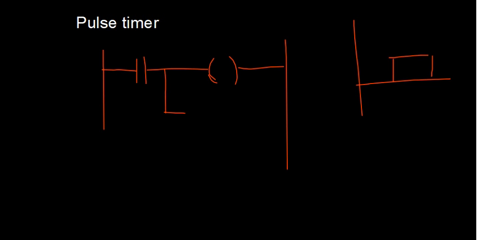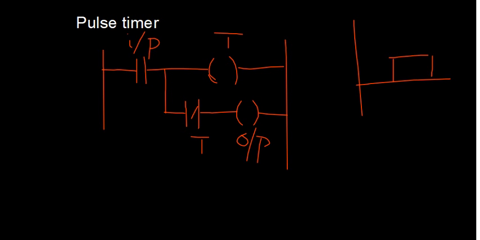You can see here, this is my output, this is my timer, this is my timer coil, this is my input. Now please try to interpret how exactly the output can be obtained here.